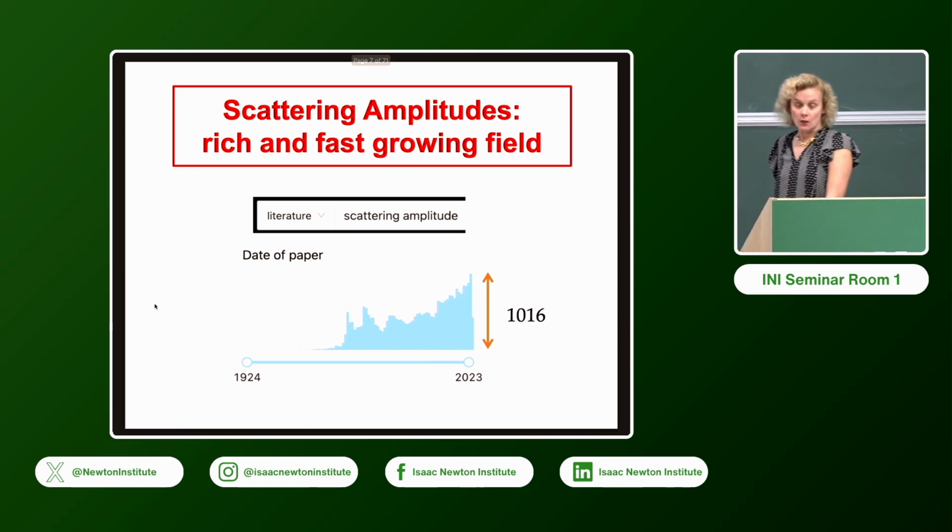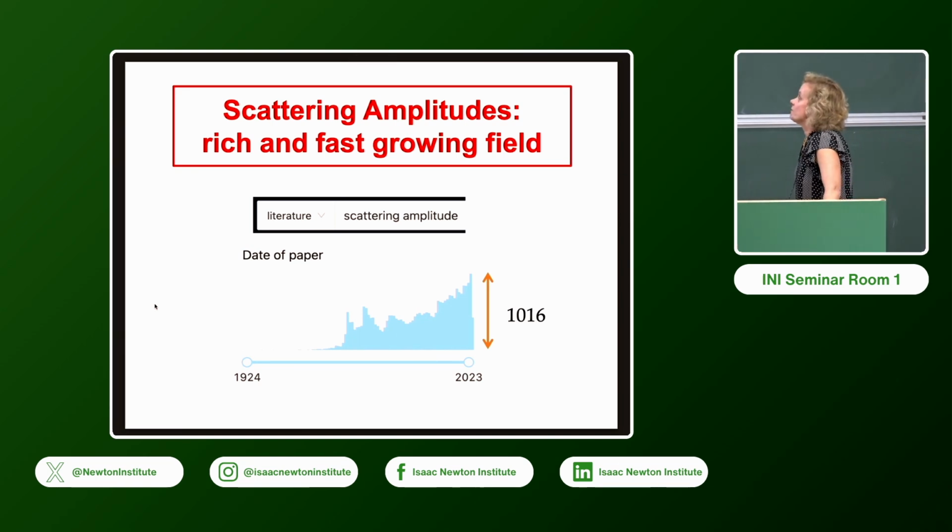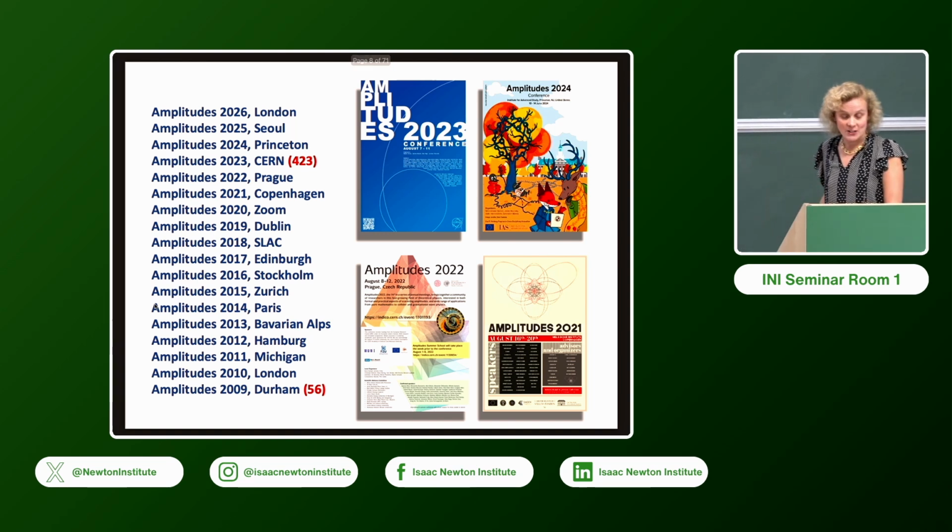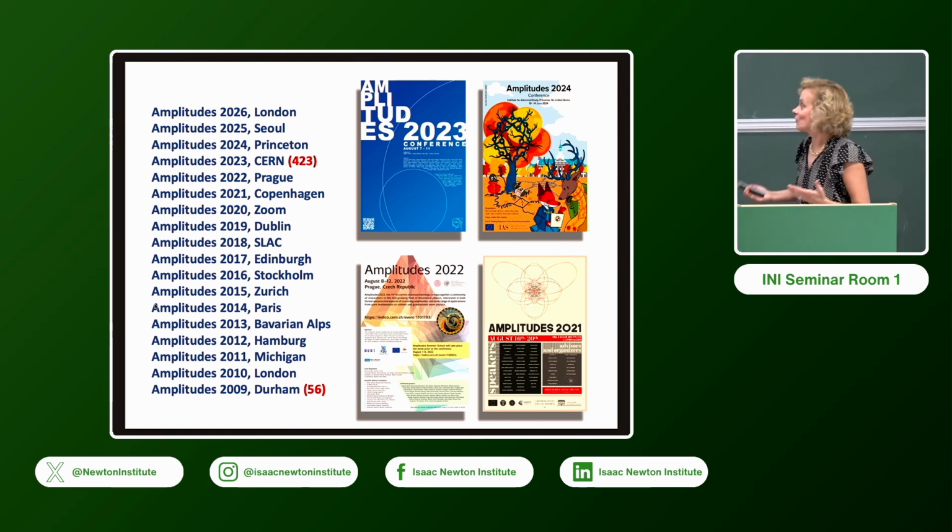Okay, and that brings us to this field of scattering amplitudes, a community of people who do those computations in various theories. It's been a rich and fast-growing field. This slide is maybe a couple of months old. If you go to Inspire and you search for scattering amplitudes, you get about 1,000 papers per year. And there are annual conferences.